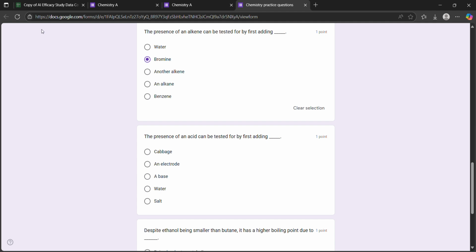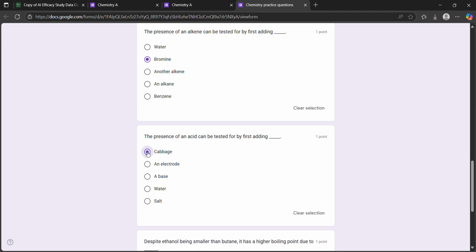Acids are basically corrosive in nature, right? So cabbage is like a natural thing. It's a vegetable. So if I pour acid on a cabbage, the cabbage's color might change, or it will cause damage to the cabbage. So let's go with cabbage.